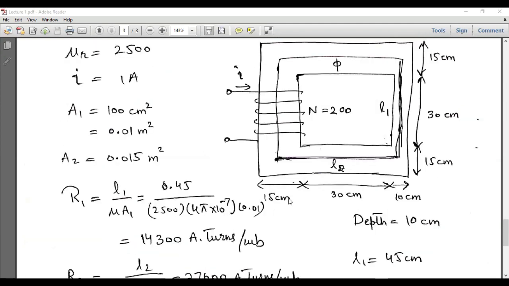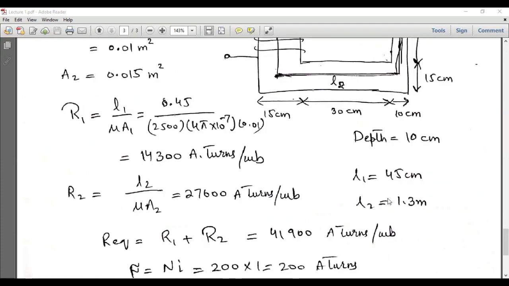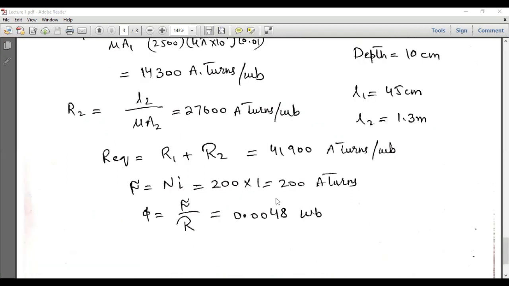Similarly, the reluctance of the other three legs will be identical, and we just have to calculate the total length of these three legs, starting from this point to this and this. This total length is calculated to be 1.3 meters, and after substituting all these values in the expression, the reluctance R2 is calculated as 27,600 ampere turns per Weber.